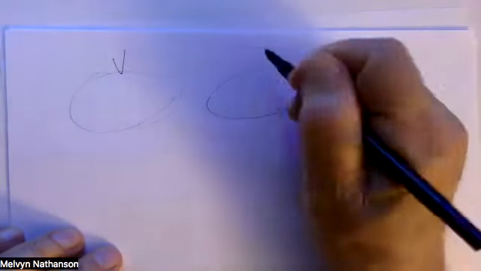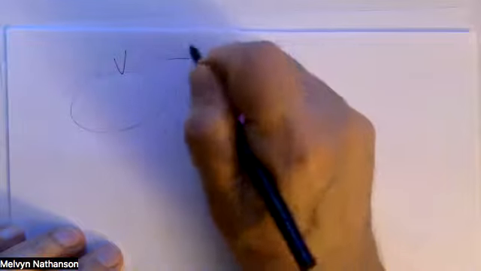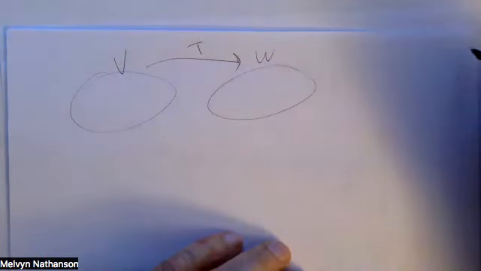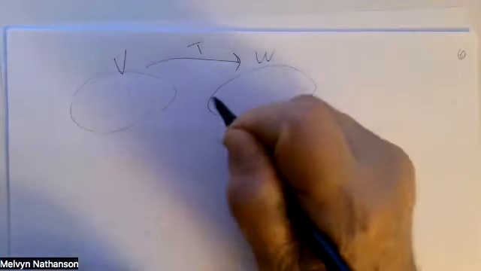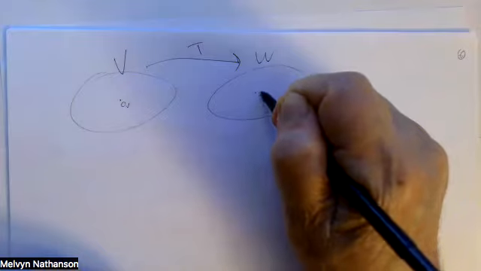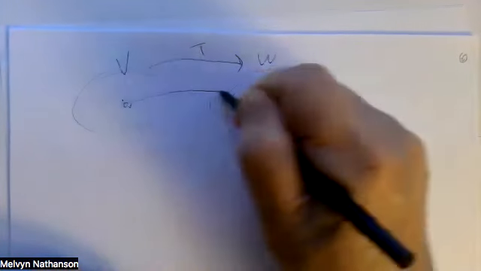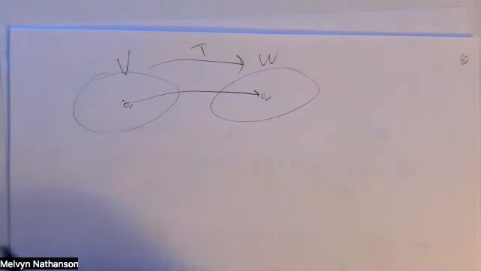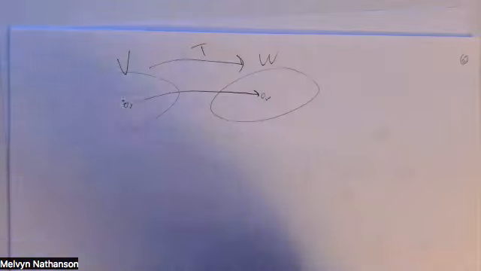So again, let's draw a picture. Here's V, here's W, and T is a linear transformation from V to W. So we have the 0 vector in V, we have the 0 vector in W, and 0 gets mapped to 0. But of course, there can be more things that get mapped to 0.